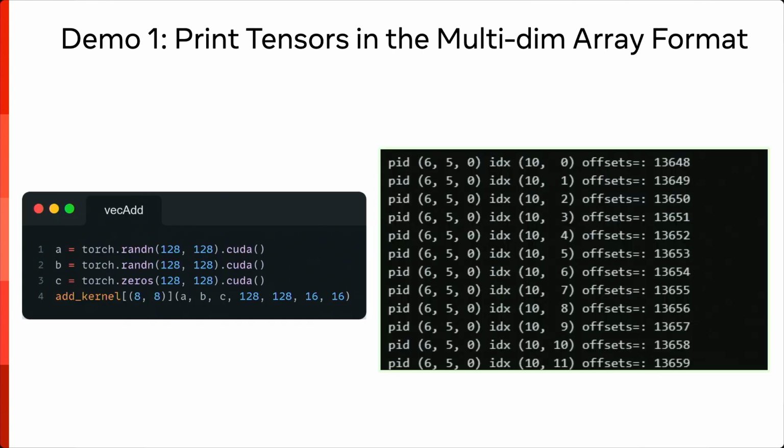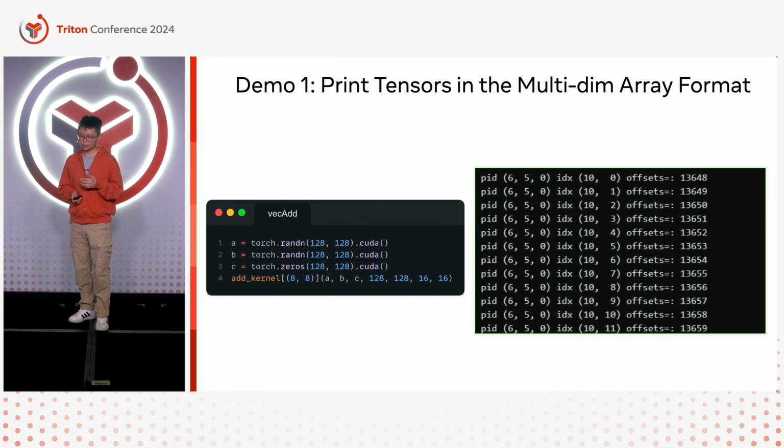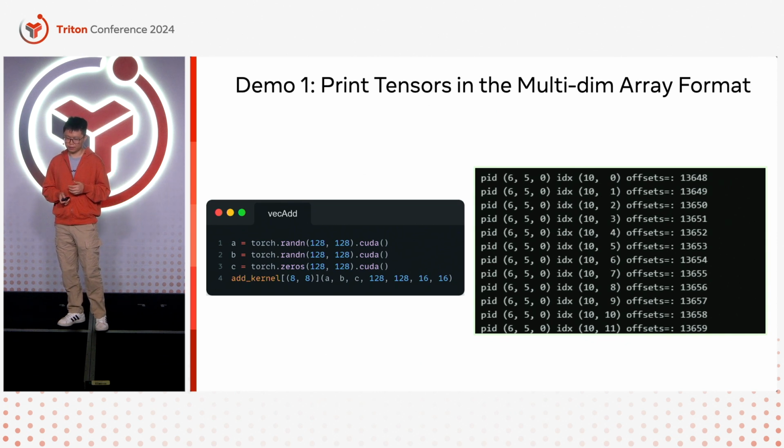And on the right side, this is what we are going to get on the terminal. We will have thousands of statements printed out because we have a lot of programs, in this case 8x8 programs, and each program is going to print a lot of statements because it also has a lot of threads. On each line, it specifies the program ID, in this case 65.